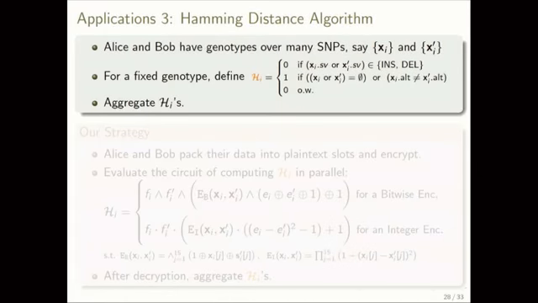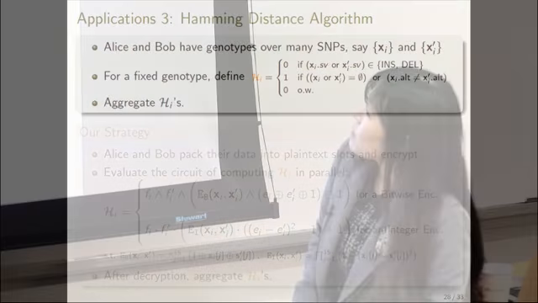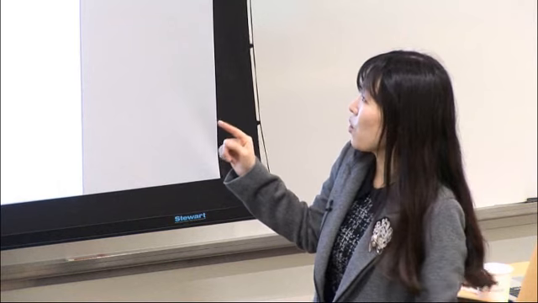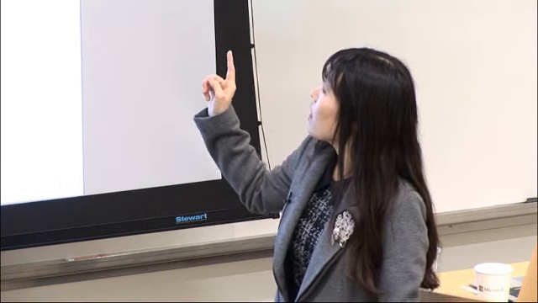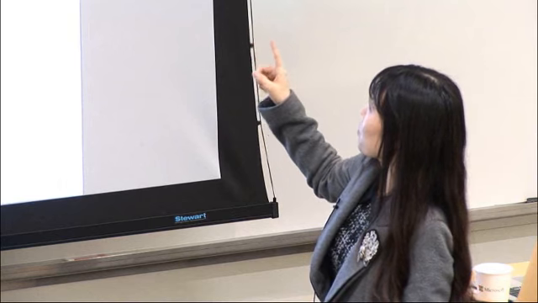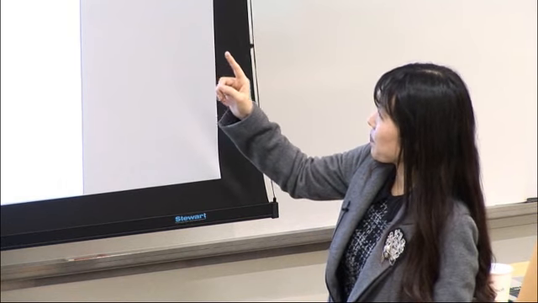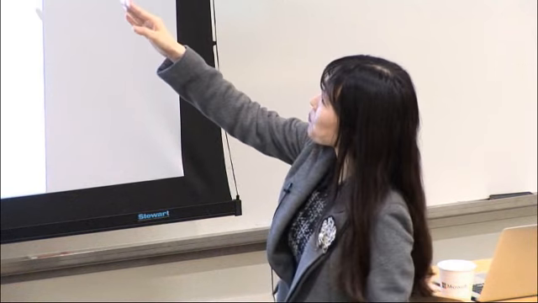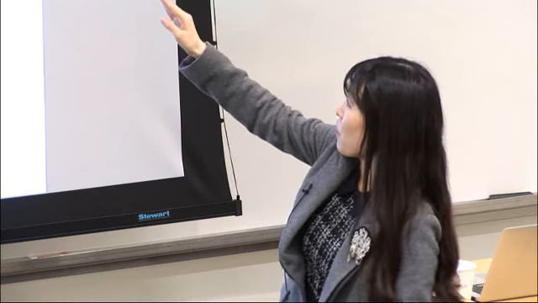And here is the Hamming distance algorithm. Suppose that Alice and Bob have genotypes over many SNPs, say x_i and x_i prime. And for a fixed genotype, define the Hamming distance at the locus as follows. First, if the SV type is insertion or deletion, then we can think that they are perfectly different, so the Hamming distance is 0.